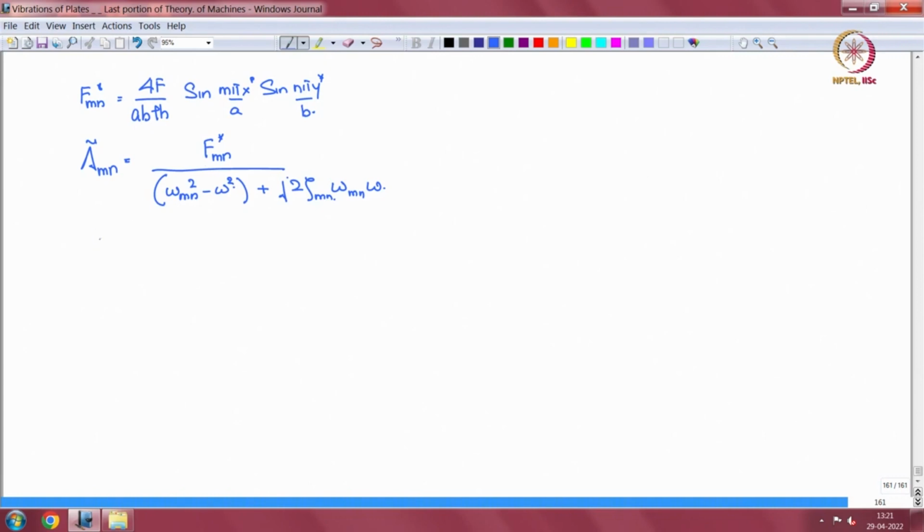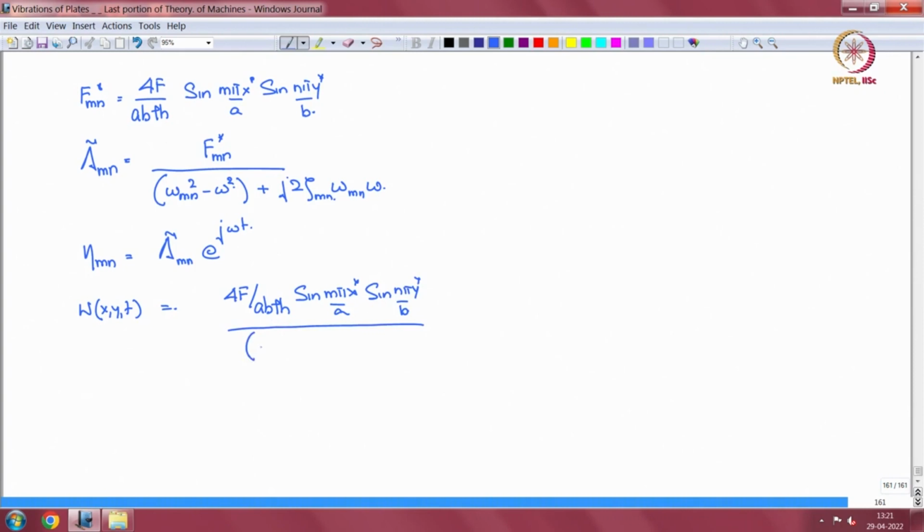Now my eta mn is equal to gamma tilde mn e to the power of j omega t, and therefore the response w x comma y comma t is equal to 4f by A B rho H sin m pi x star by A sin n pi y star by B divided by omega mn square minus omega square plus j 2 zeta mn omega mn omega.